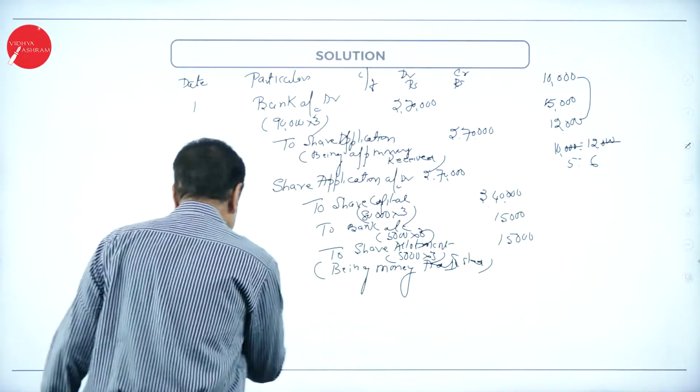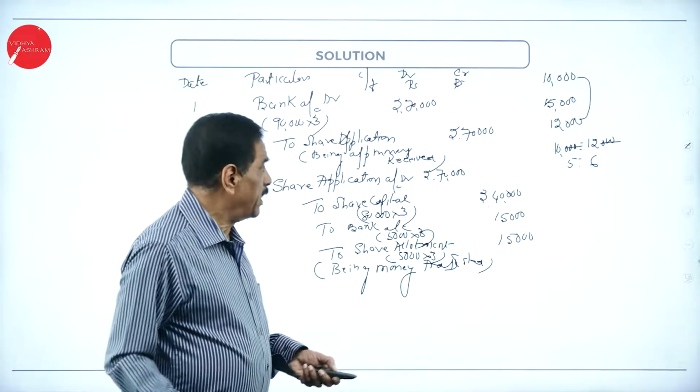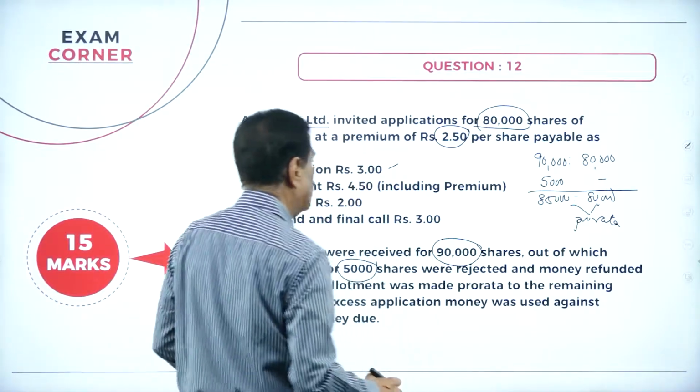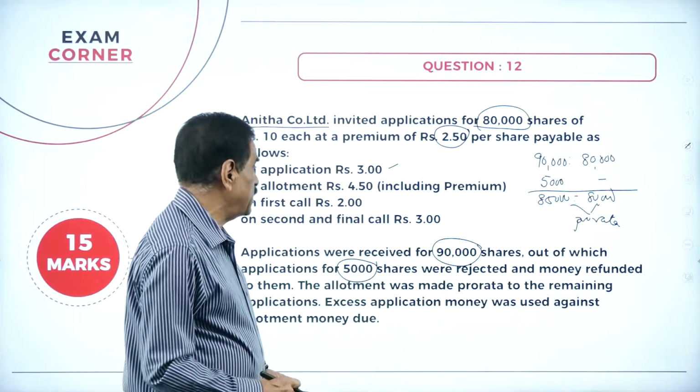Then third one, due entry. You have got 4 rupees 50 paisa. Real money is 2. Excess is there.